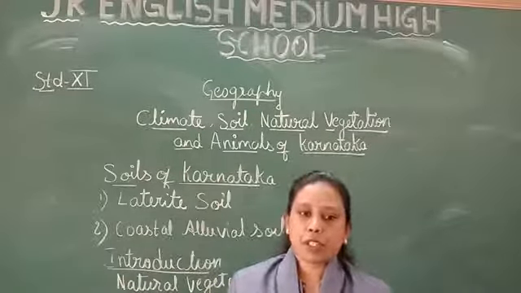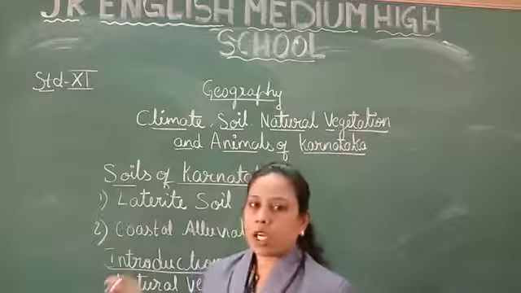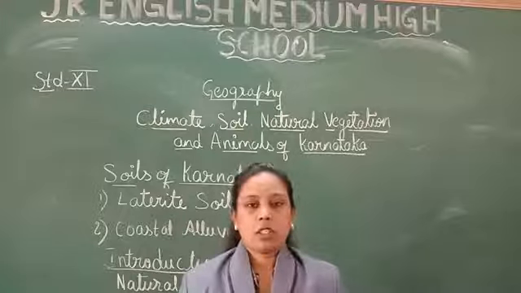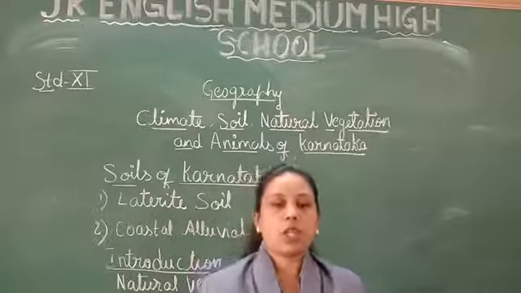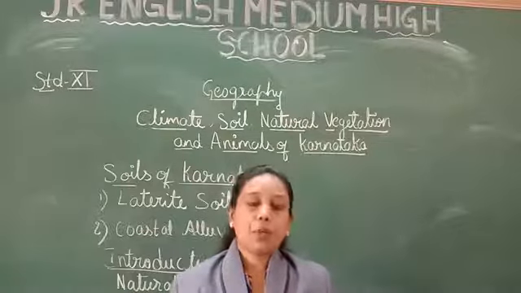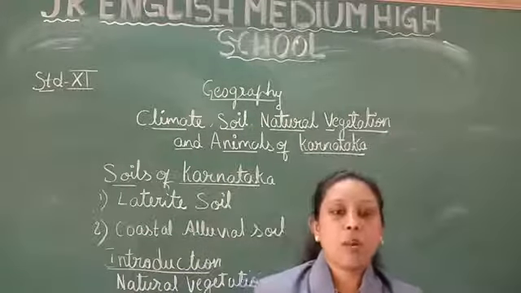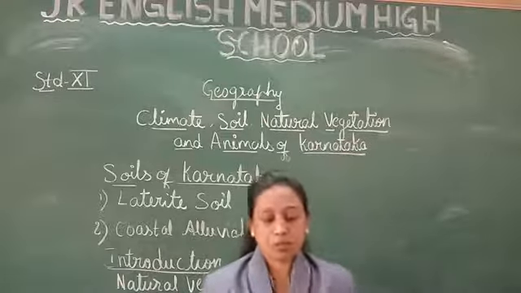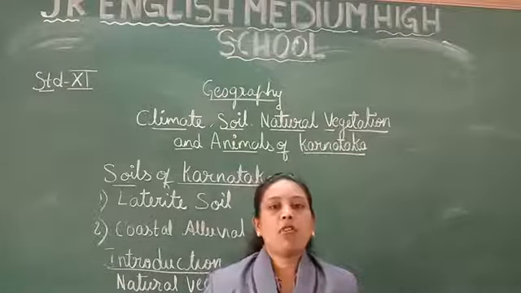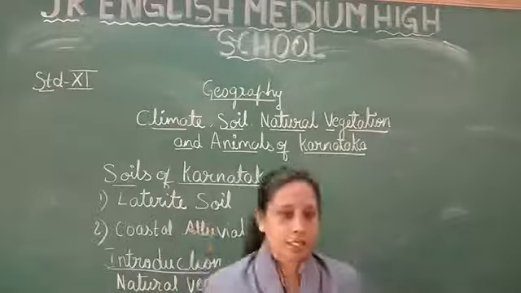Such crops are grown in the laterite soil. In which districts is this laterite soil available? Uttara Kannada, Udupi, Dakshina Kannada, Kodagu, Chikkamangaluru, Shivamogga and Belagavi have more of this soil. That is the laterite soil.